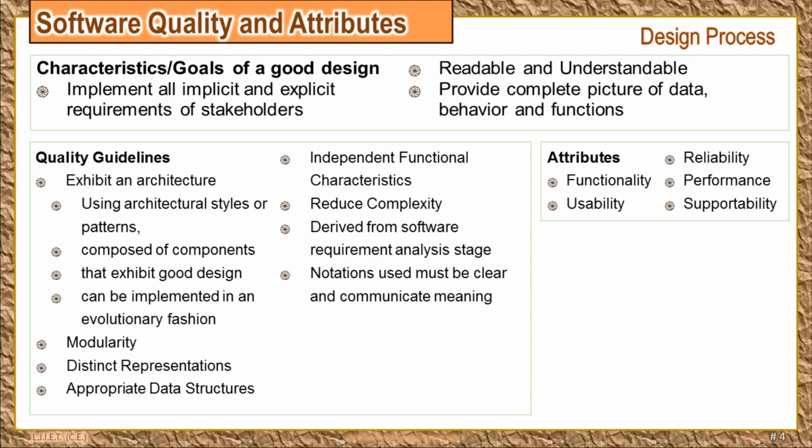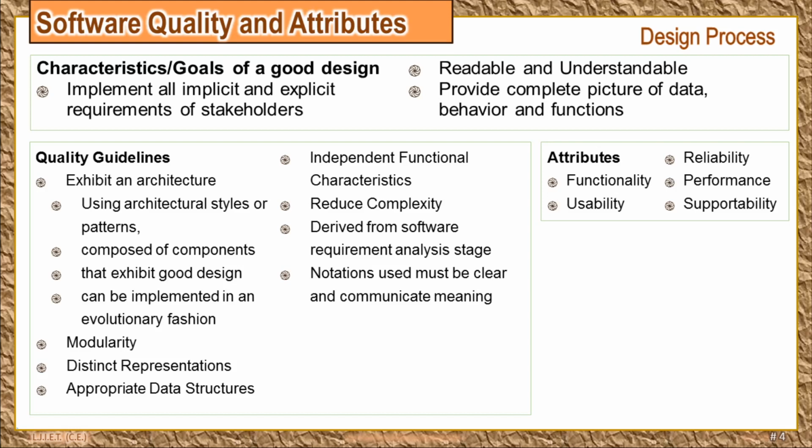First, the design must implement all the explicit requirements contained in the requirements model, and it should also accommodate all implicit requirements desired by the stakeholders. Second, the design must be readable and understandable, and it should help to generate code and test cases. Third, the design should provide a complete picture of the software, addressing the data, functional, and behavioral domains from an implementation perspective.